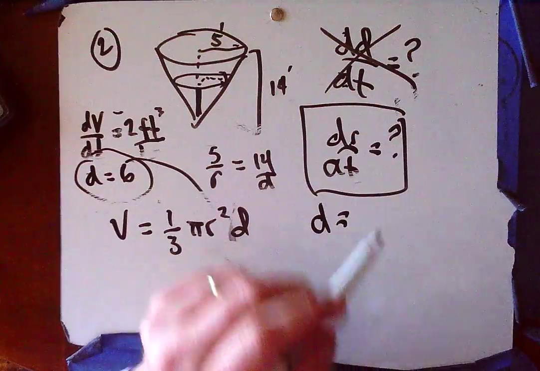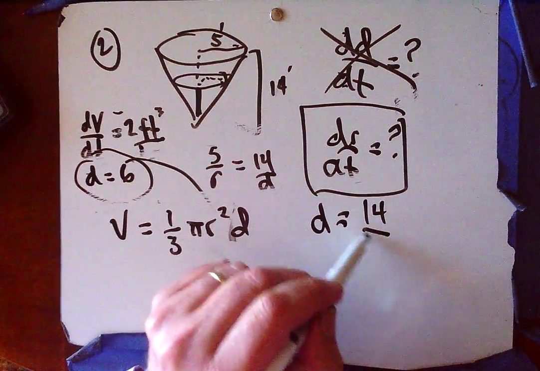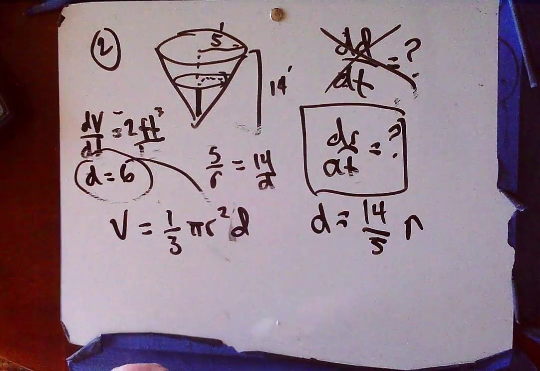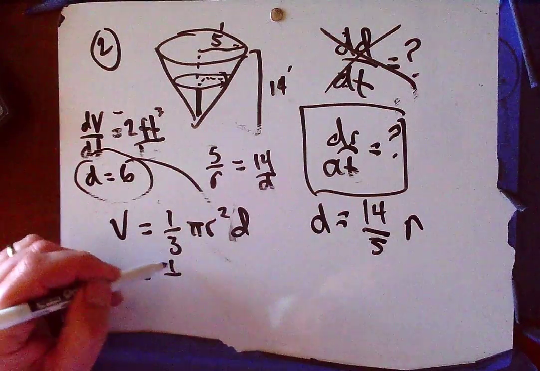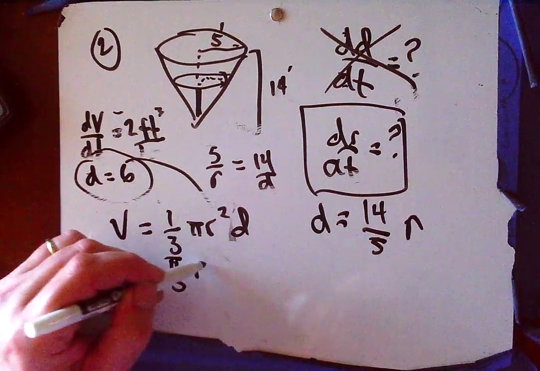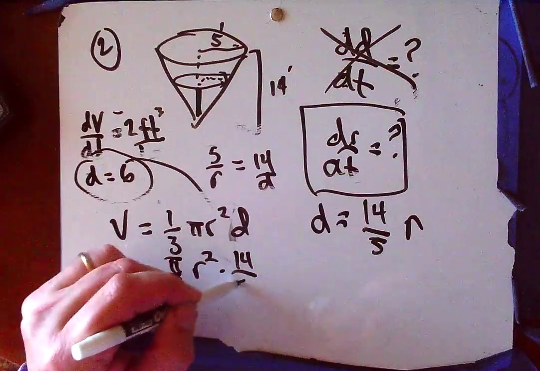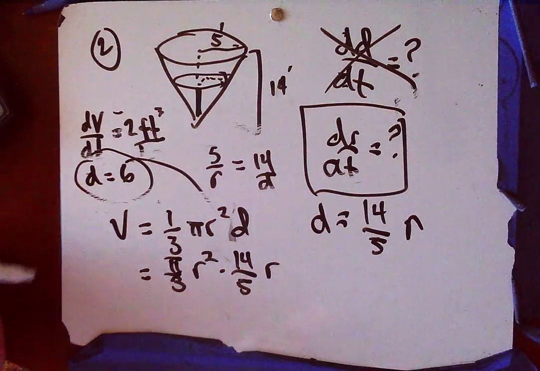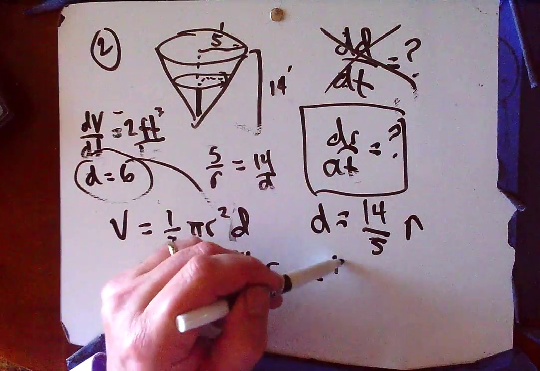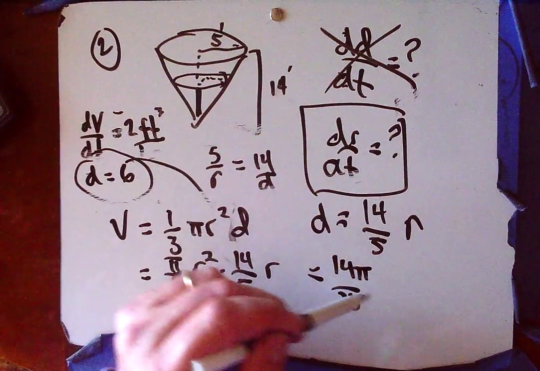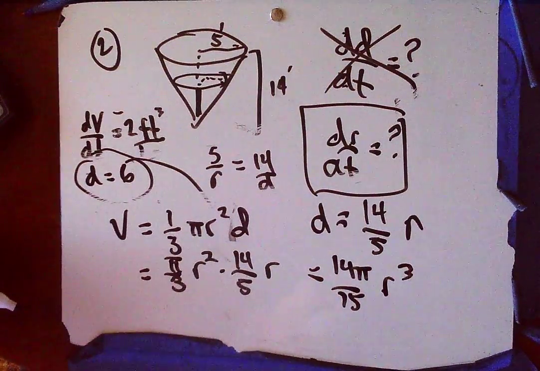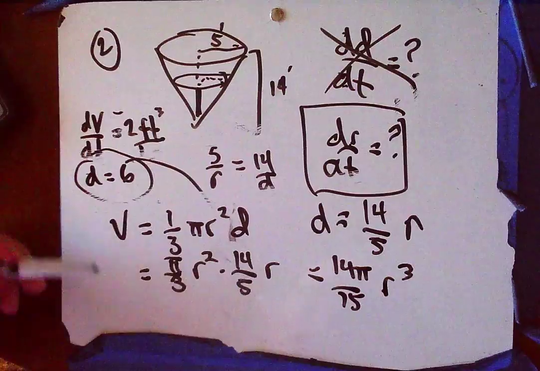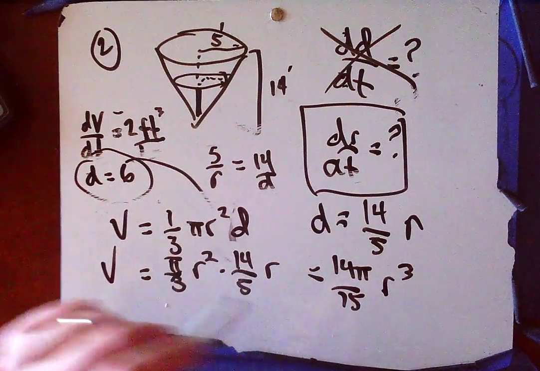And I get that d is equal to 14 over 5 r. So then 1 pi over 3 r squared times 14 over 5 r, or 14 pi over 15 r to the third. Okay, so that's just me doing some algebra.